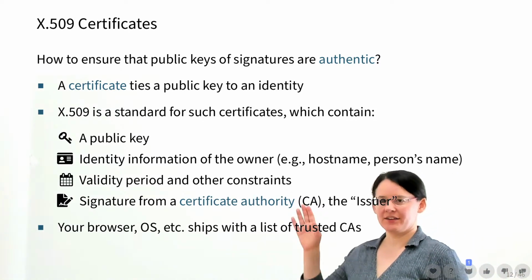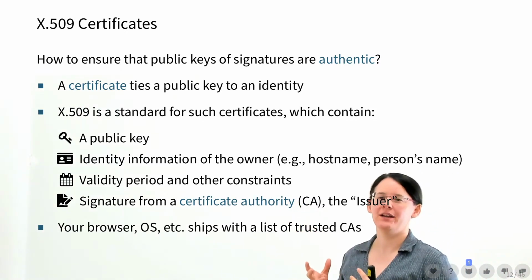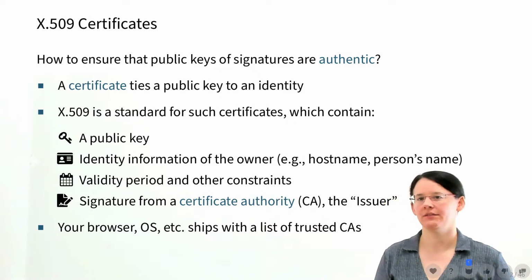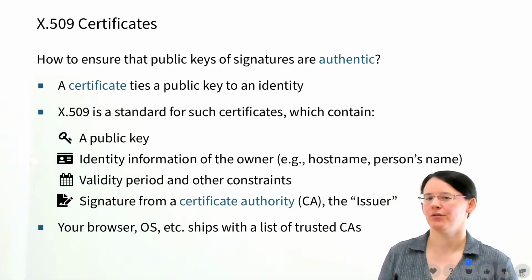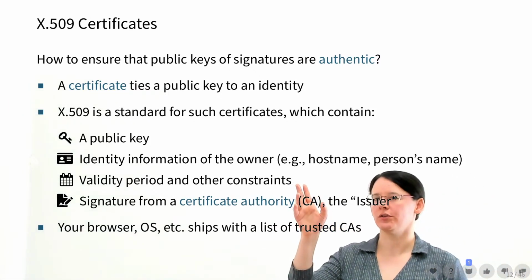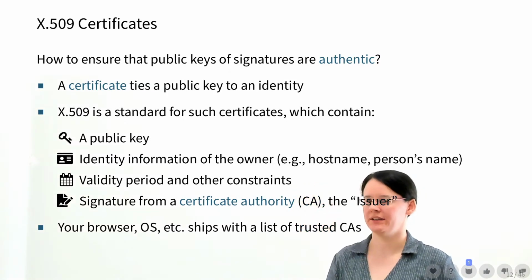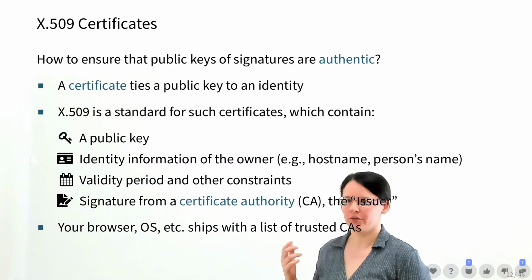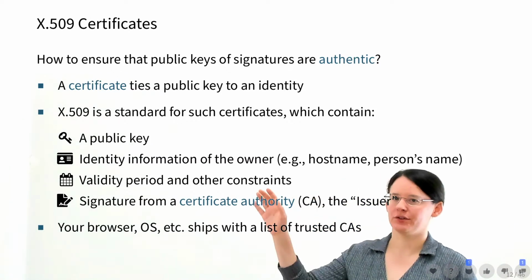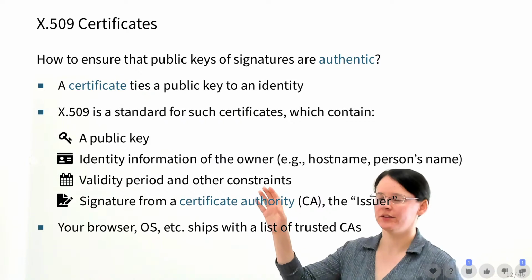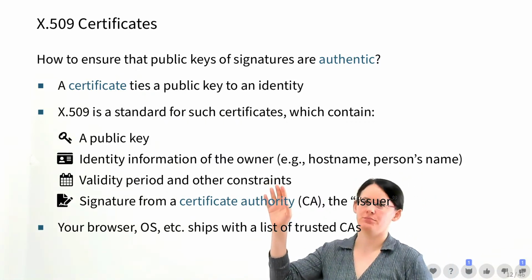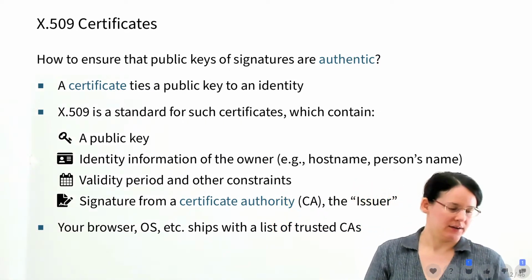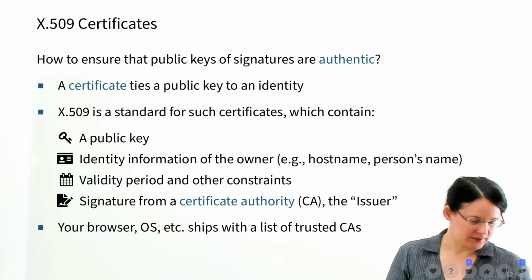And additionally, there is some extra stuff in there that limits the validity of the certificate. So, for example, a certificate is not valid forever. It has a certain validity period for a number of reasons. One of the reasons is that after a while, you might want to upgrade to the current best practice crypto systems.